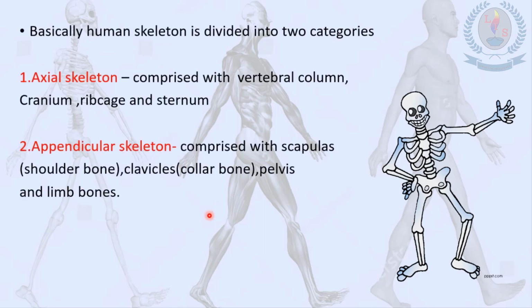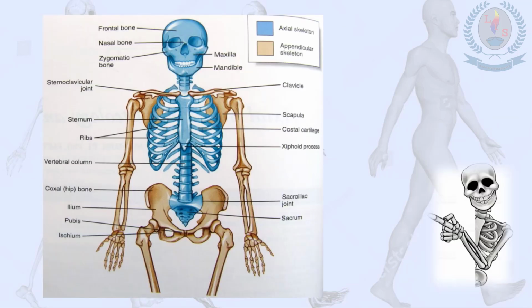Mainly the axial skeleton comprises the vertebral column, cranium, rib cage and sternum, and the appendicular skeleton is mainly composed of the scapulas, that means the shoulder bones, and clavicles, pelvis and limb bones.